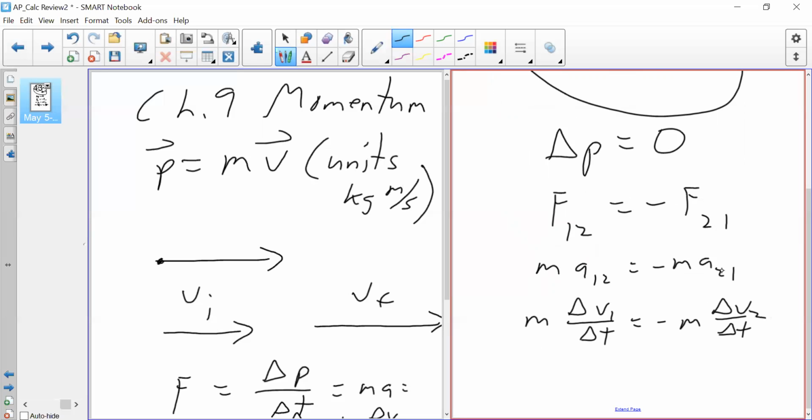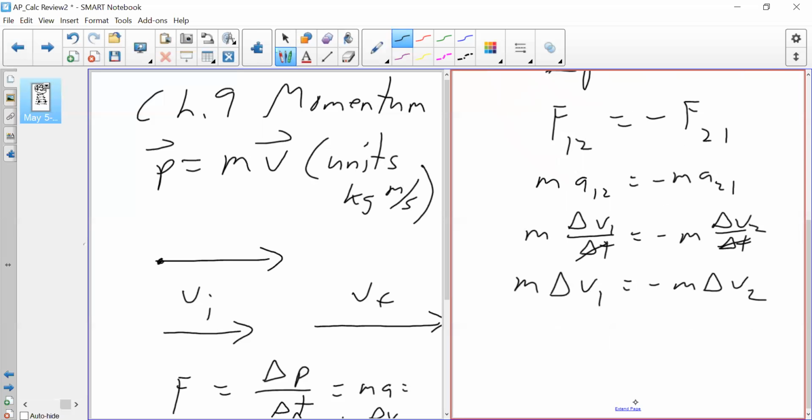And this is 2, because this is 2 on 1. This is object 2 on the other guy, 1 on the other guy. So just say 1 and 2 at this point. So these time intervals are the same. So the collision, the time of impact, is equal. So we get delta v1. So we know this change is going to be the final 1 minus initial 1, and 2 final minus 2 initial. So you see where it's going.